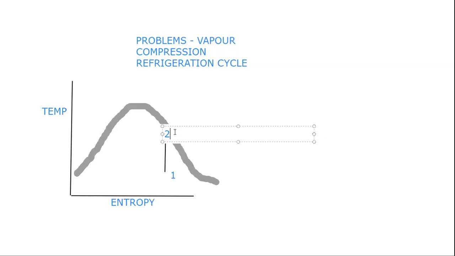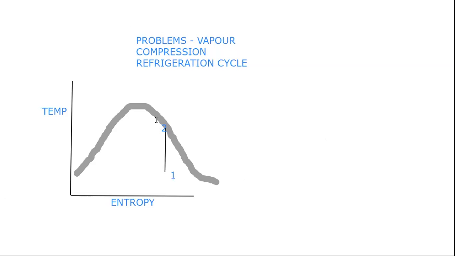So what is that process? Exactly, 1 to 2 is isentropic compression. After isentropic compression, it goes to the condenser.